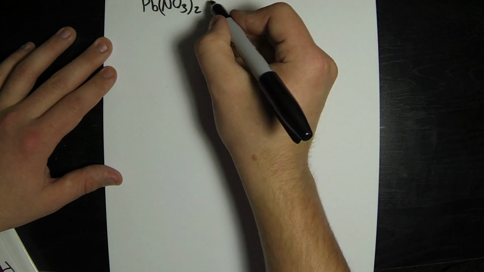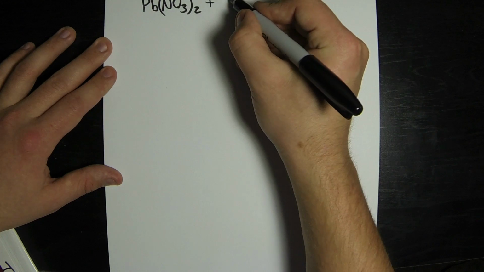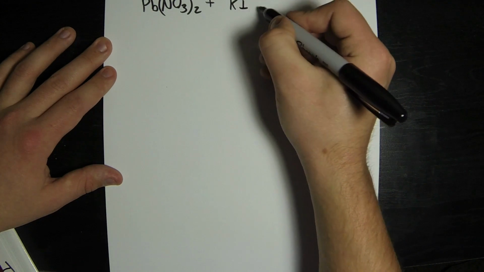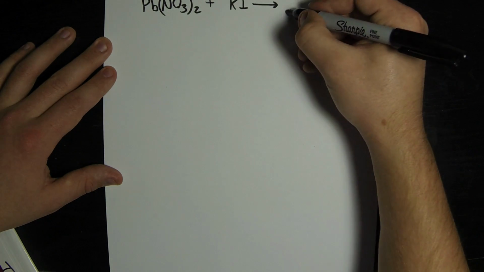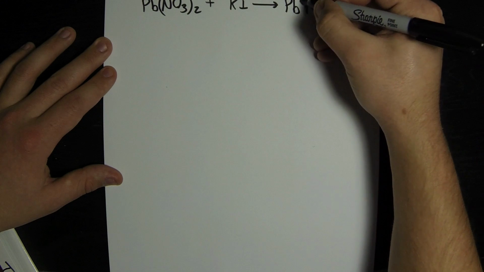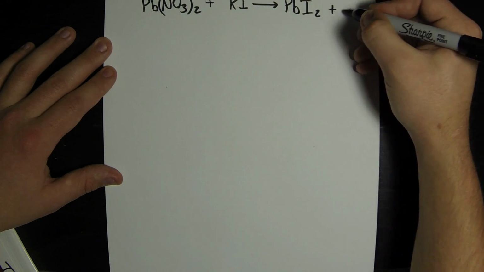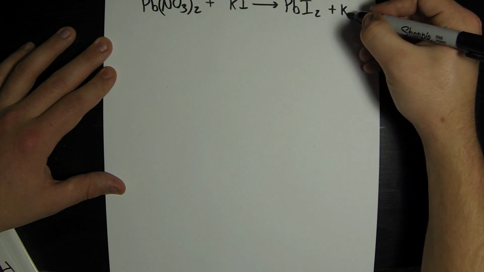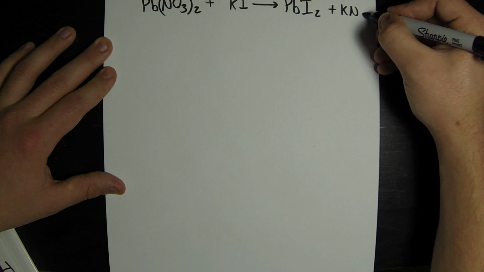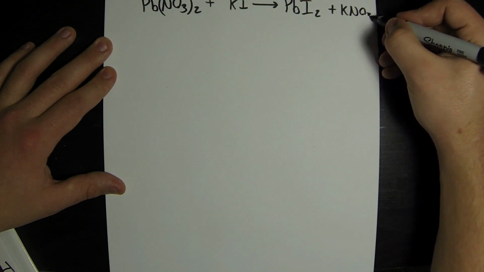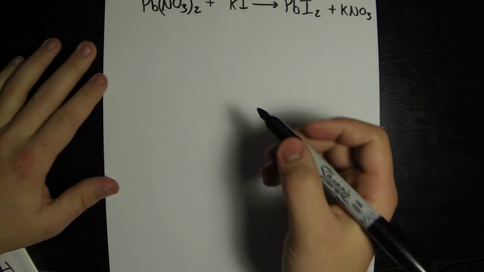There's two of them, plus potassium iodide goes to PbI2 plus potassium nitrate, KNO3. So this reaction is, let's work through the states.